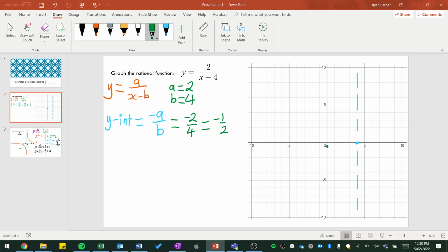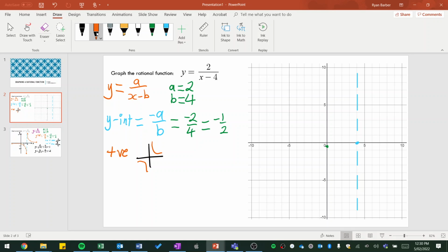Next thing we're going to do, we're going to have a look at the number up the top, or our a value. If our a value is positive, I'm just going to write that down, positive, then we know that we're going to have a graph that looks like this. So we're in our first and third quadrants.